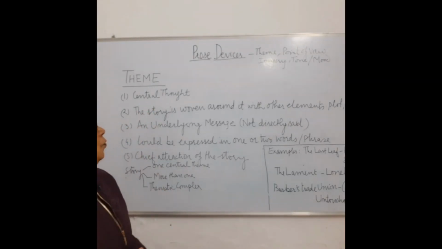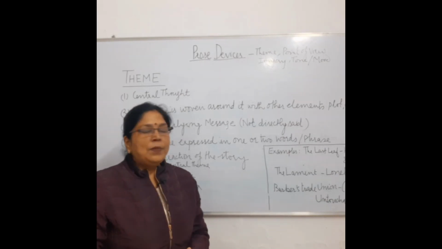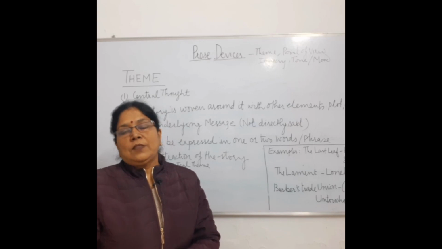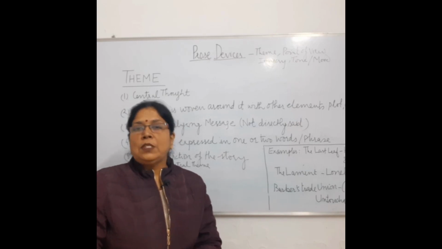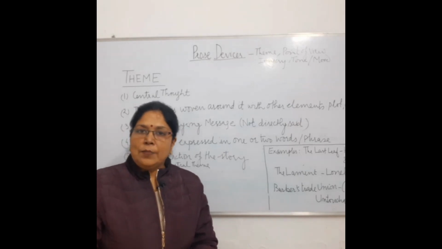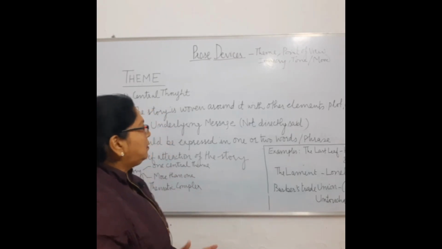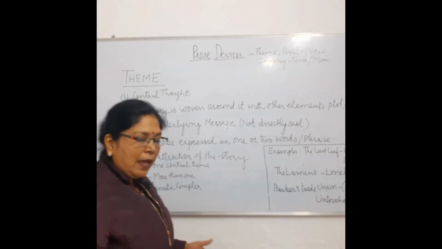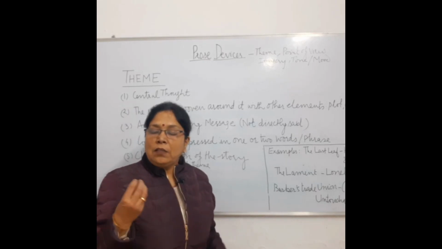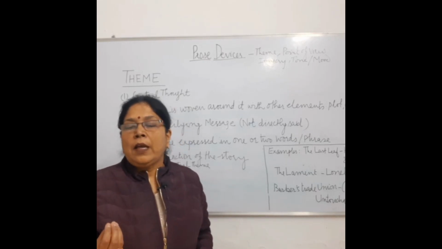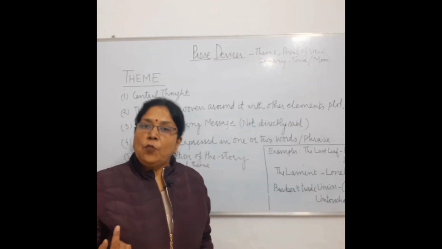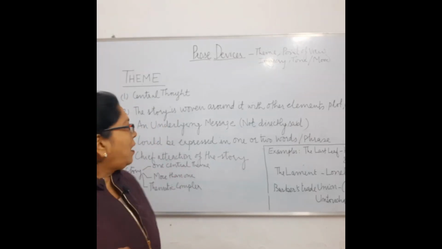The story is woven around it with other elements like plot, character, language, etc. As all of you know, prose has a number of elements like plot, character, story, language, etc. But the theme is that part around which all these elements have been woven together by the writer.